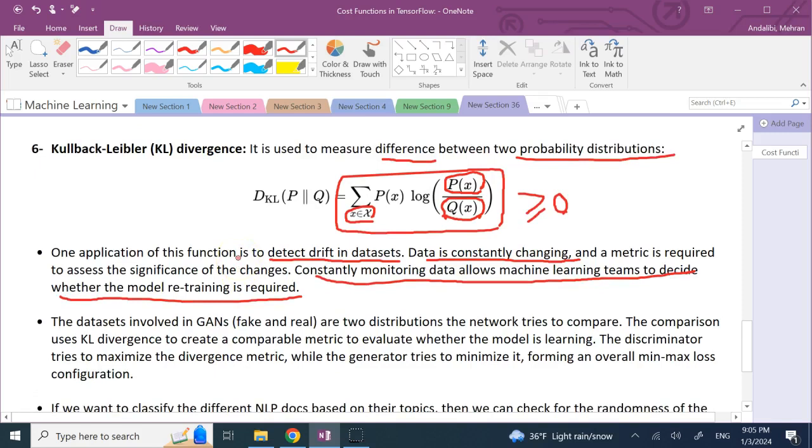Let's say we have trained a system to detect what kind of videos people are more likely to see, on YouTube or somewhere else, or what kind of ads people are more likely to see, and based on that, you might put that ad on Facebook or elsewhere.